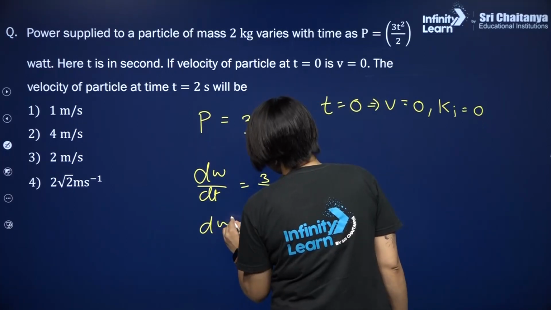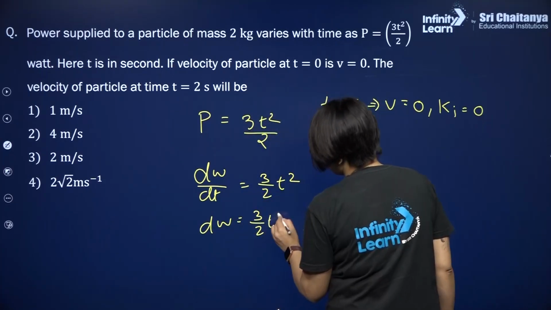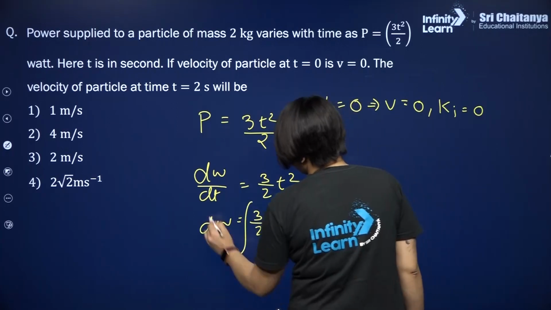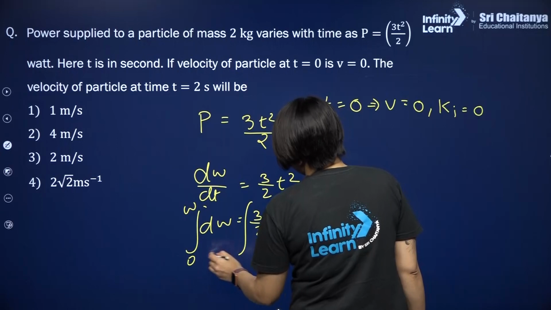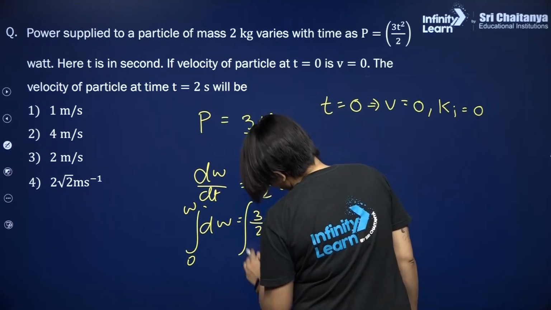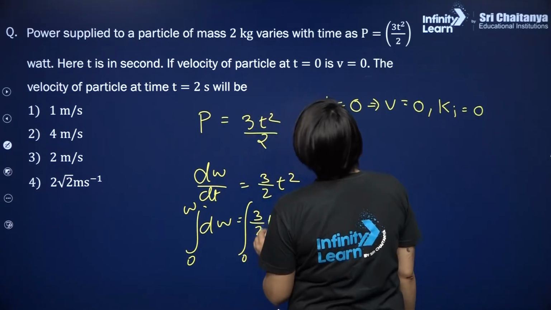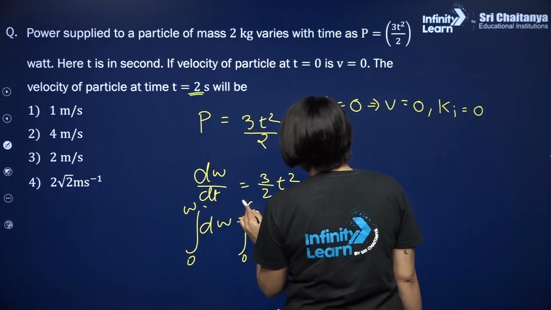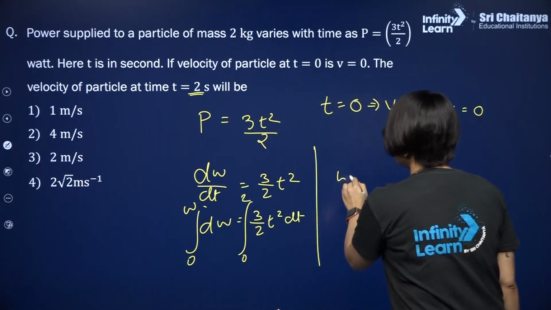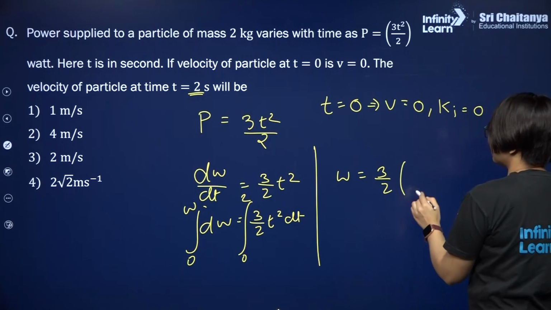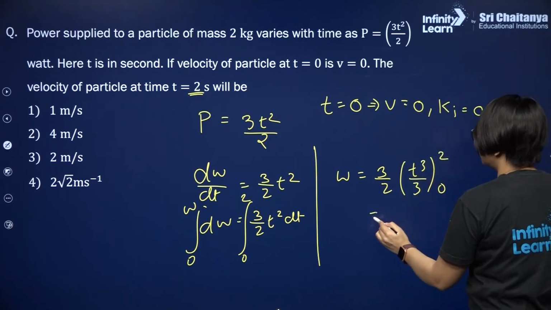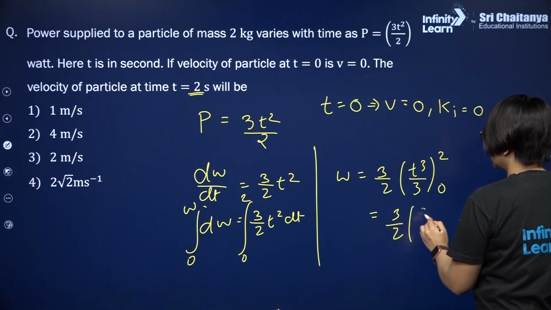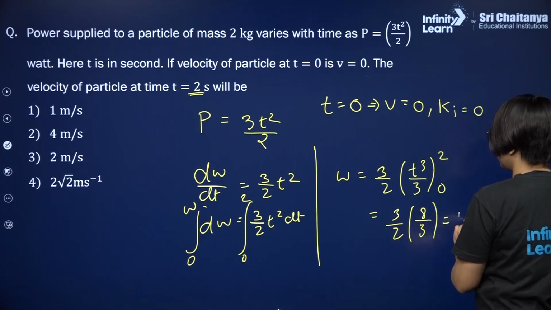So, dw is 3 by 2 t square dt. We are integrating it from 0 to w and this will be 0 to 2. So, w is equals to 3 by 2 t square, integration is t cube by 3, 0 to 2. So, this is 3 by 2, 8 by 3, that is equal to 4, right.